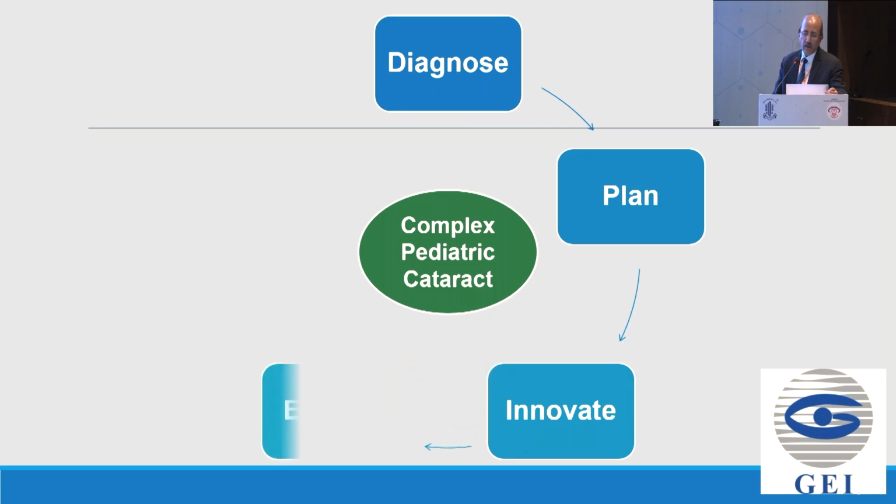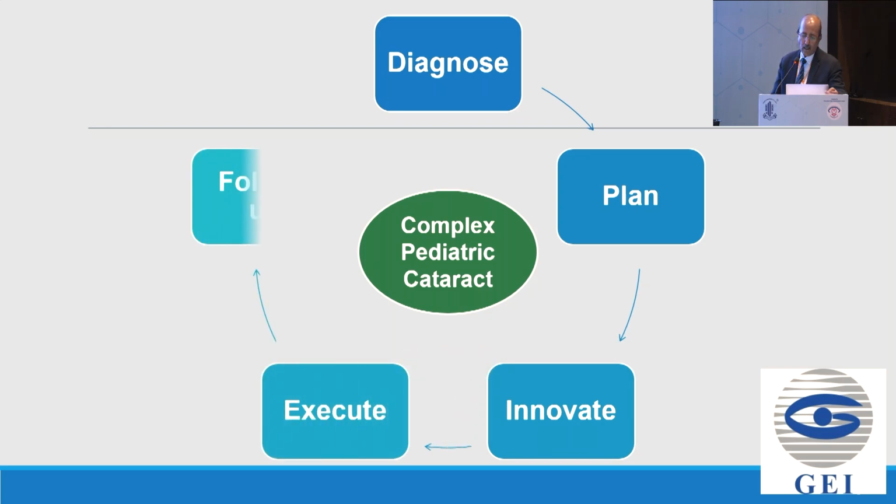What we have to do is diagnose, plan, innovate, execute, find out the complex pediatric cataract, operate on them, and have long-term follow-up of these children.